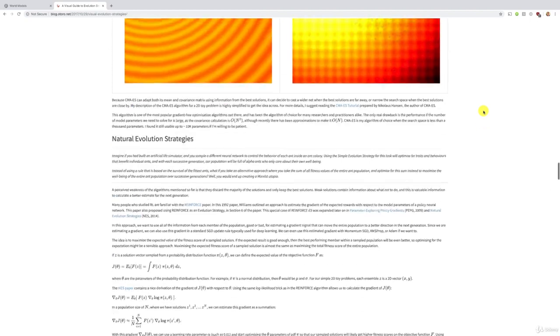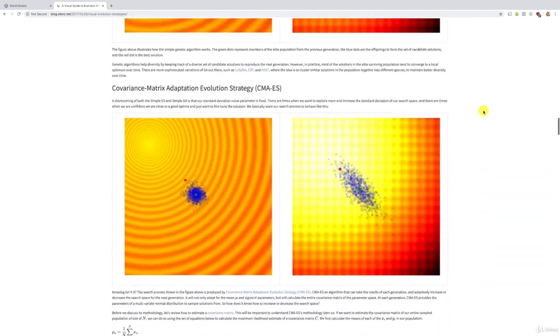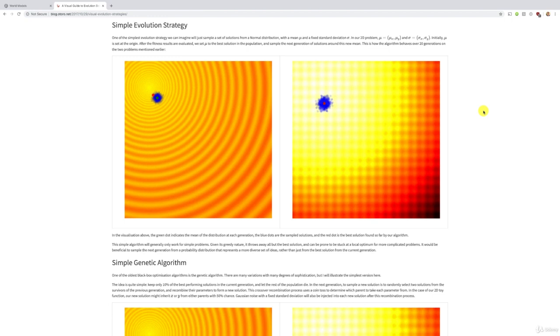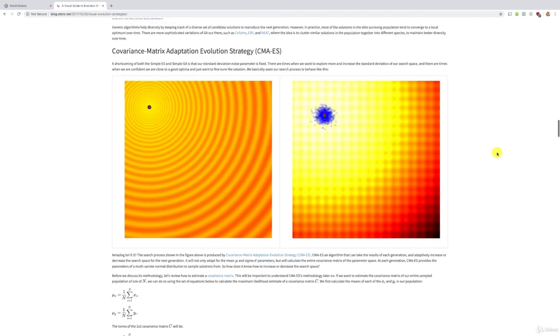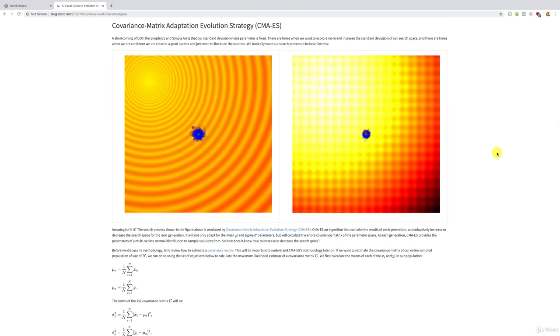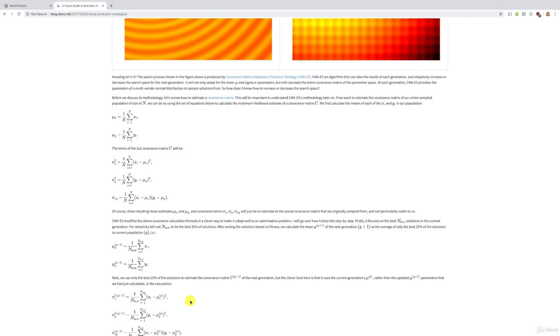Before, we had either the simple evolution strategy, where we simply sampled a set of parameter solutions from a normal distribution of a fixed standard deviation sigma, and then we covered the covariance matrix adaptation evolution strategy, where we sampled a set of parameter solutions, but this time with a varying standard deviation sigma, or more specifically a varying covariance matrix C, with that adapted computation of the covariance by taking the mean of the previous generation.